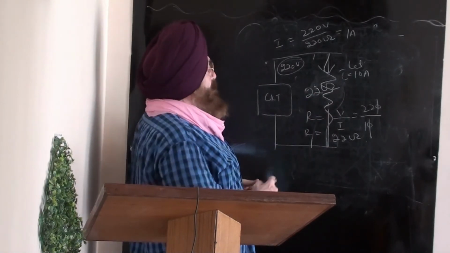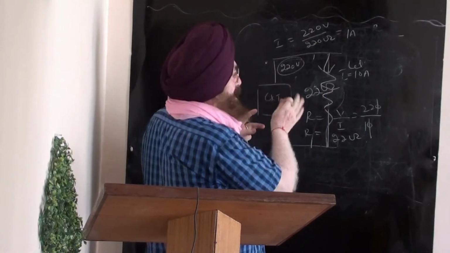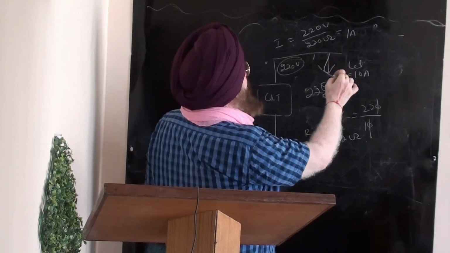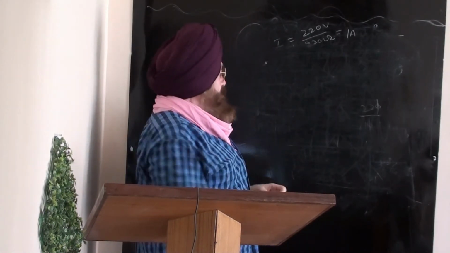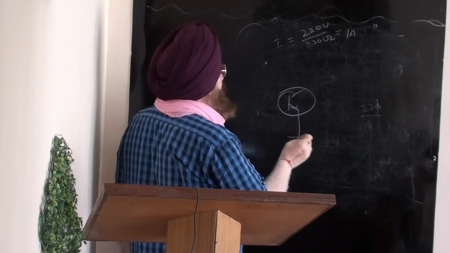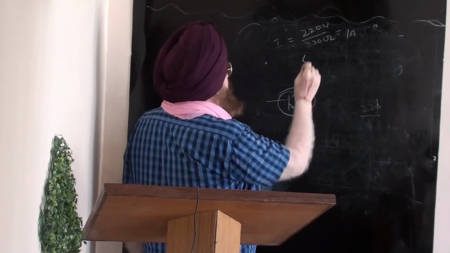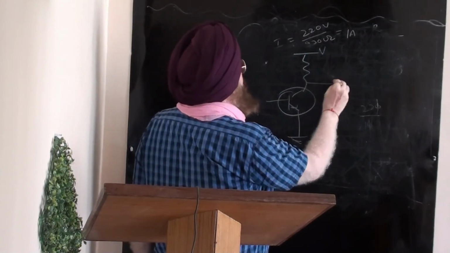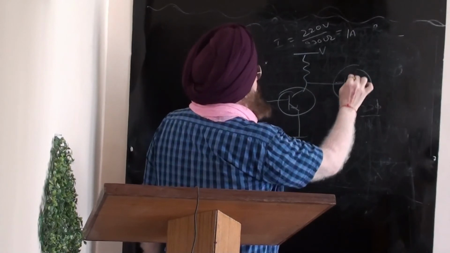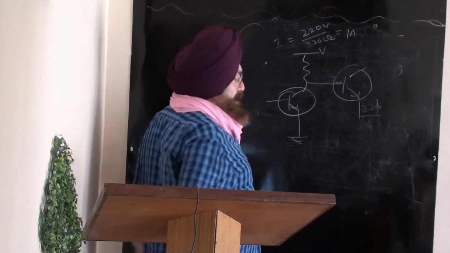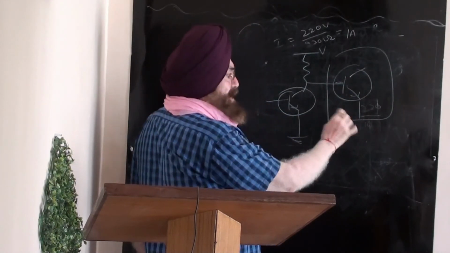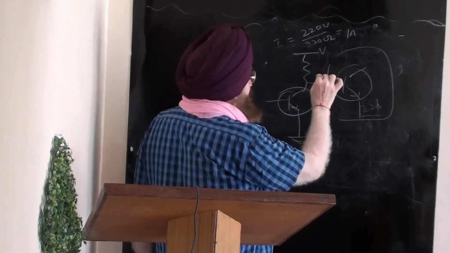And moreover, if you have some circuit like a common emitter configuration, and you connect another circuit at the output, this second branch will draw current from here.